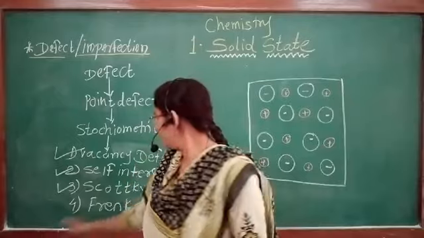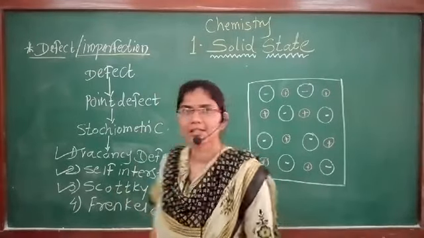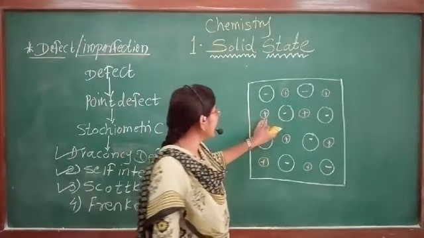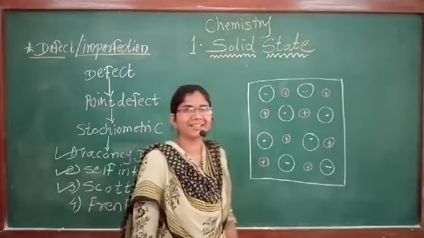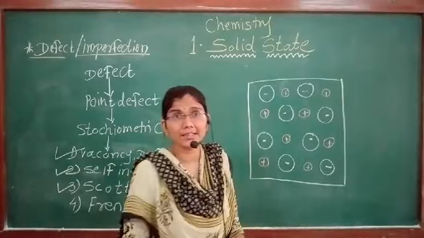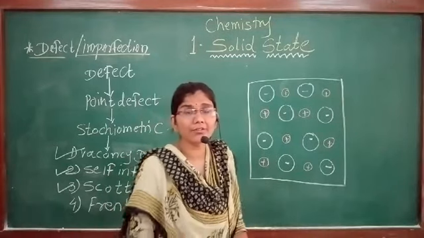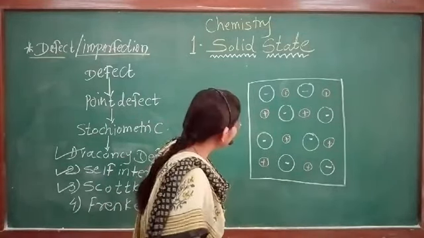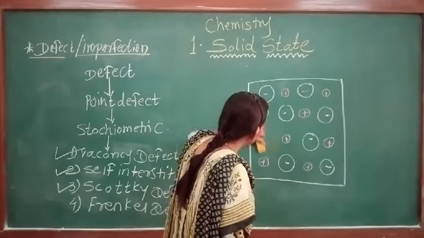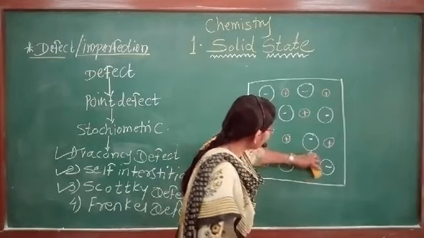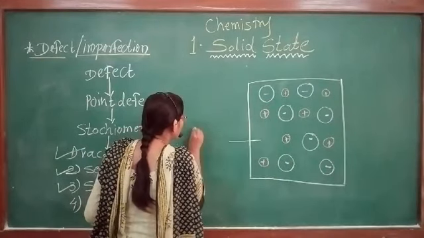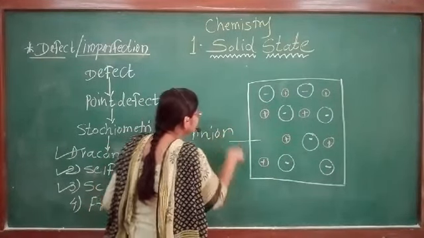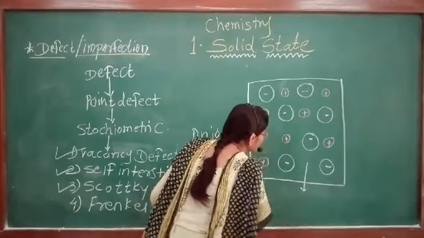Consider this is an ionic solid or ionic crystal, and the Schottky defect arises when there is a missing of one cation and one anion.